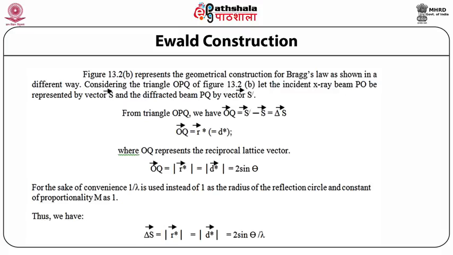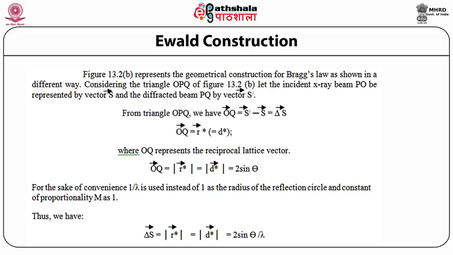OQ vector is equal to R star vector, which is equal to D star, where OQ represents the reciprocal lattice vector. Modulus OQ is equal to modulus R star is equal to modulus D star is equal to 2 sine theta. For the sake of convenience, 1 by lambda is used instead of 1 as the radius of the reflection circle and the constant of proportionality capital M as 1.